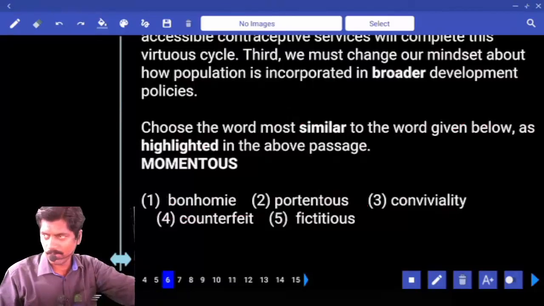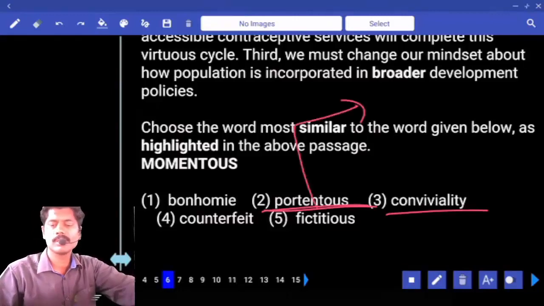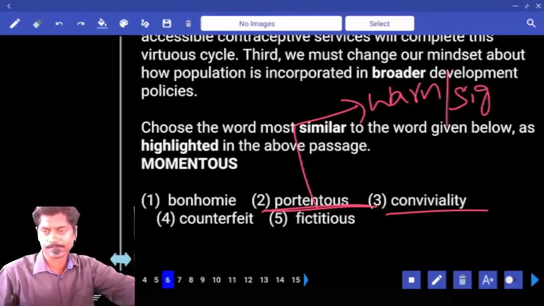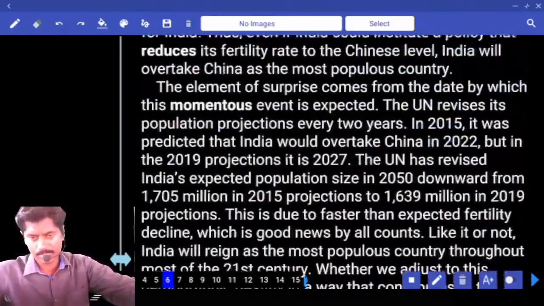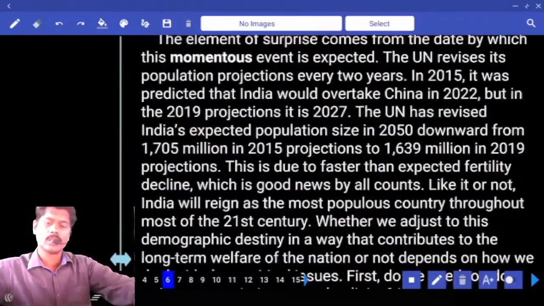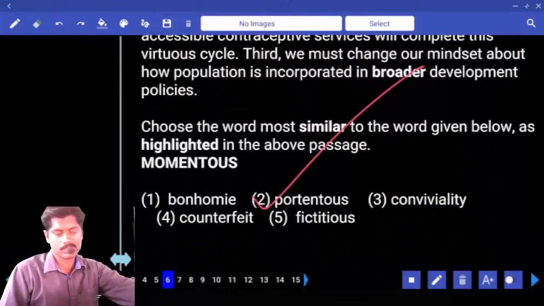If it is completely positive, conviviality. Or if it is normal signaling, too. But portentous is related to warning, signal. Momentous time is mentioned. Momentous event, so consider the second one. Portentous event.